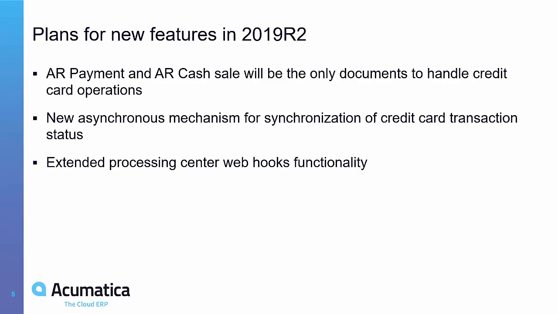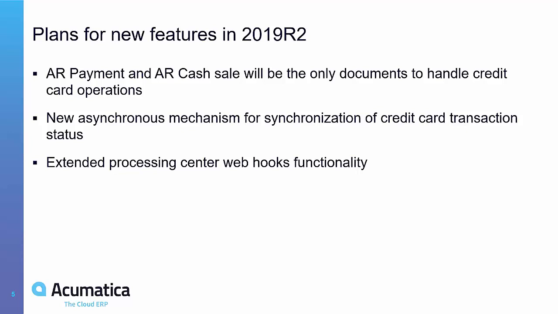And for all other documents in the system like sales order, sales invoice, you will have to create a payment first. Well, of course, we will make this process streamlined, so you won't need to actually go creating the payment on your own. The user experience will be very similar to what it is now, but behind the scenes, those AR payment documents will be created.